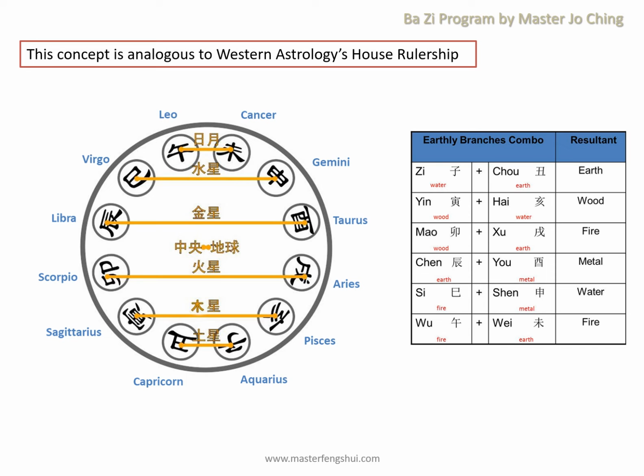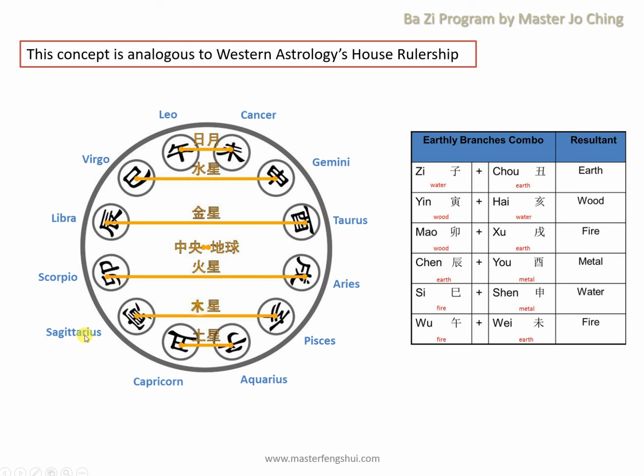The so-called lord or governing planet of these two houses, these two signs, Aquarius and Capricorn, is Saturn. And Saturn in Chinese is known as 土星, the planet of Earth. Now, one more example.